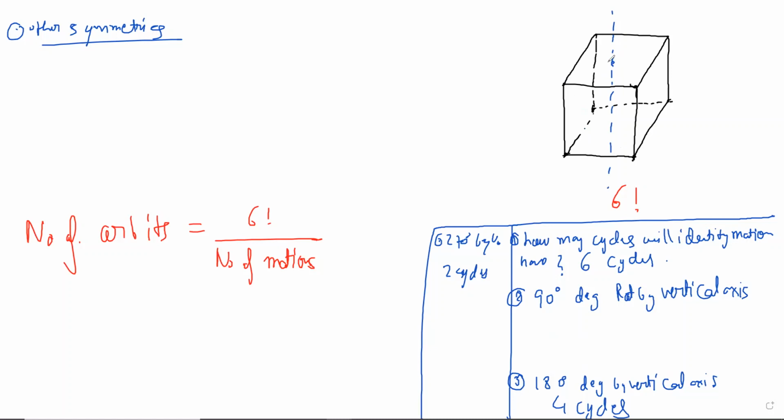Or wait, I'll do one thing. I will just number it like this only, and then we will just do the faces intuitively. So if you take the 90-degree rotation, then the face 1276 is getting moved to 1435, 1465, and that is a better tool.